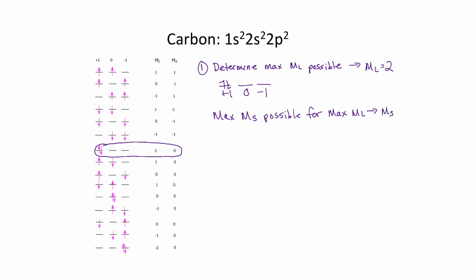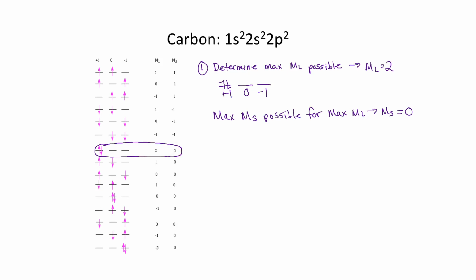In that case, our maximum m sub s possible, by looking at our arrangements of the electrons for this situation, is going to be 0, because we've got those paired electrons. Yes, it's possible to get a larger value of m sub s with some of these other arrangements, but remember we're looking for the maximum m sub s possible for the maximum m sub l that we've determined up here. So our max m sub s there is 0.